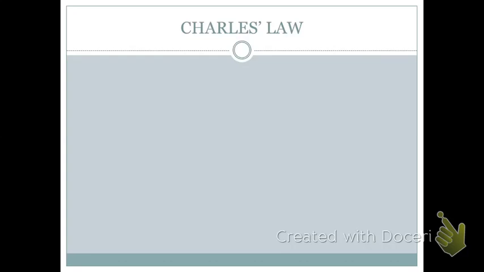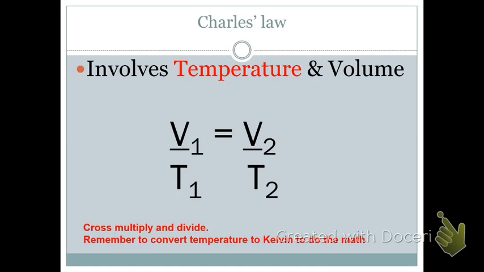Today we are going to be looking at Charles's law. Charles's law is a condition of gas involving temperature and volume, but in this case, pressure is going to stay constant.